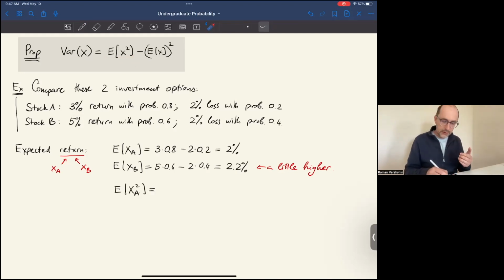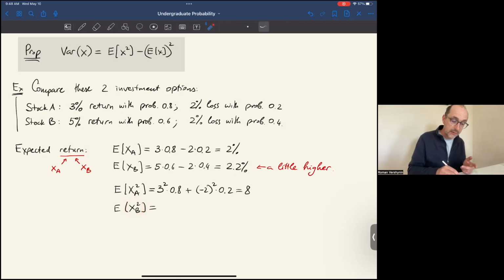Let's do it. The square of a random variable, the square of the return, takes value 3 squared with probability 0.8 and minus 2 all squared with probability 0.2. So expectation is then 3 squared times 0.8 plus minus 2 squared times 0.2, and we get 8. And similarly, the square of the return of stock B takes value 5 squared with probability 0.6 and minus 2 all squared with probability 0.4.